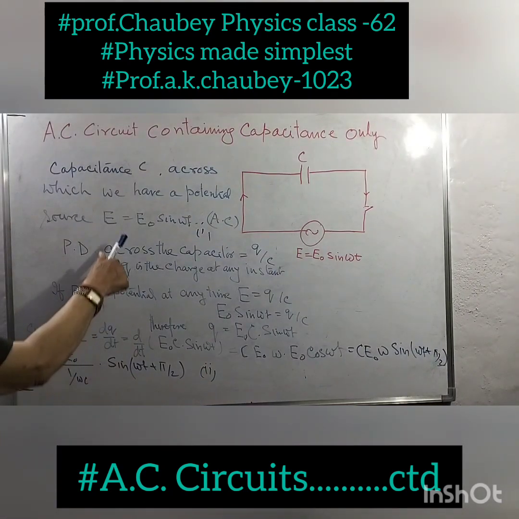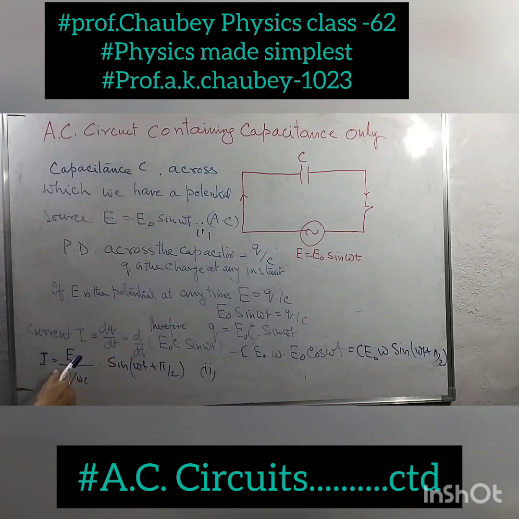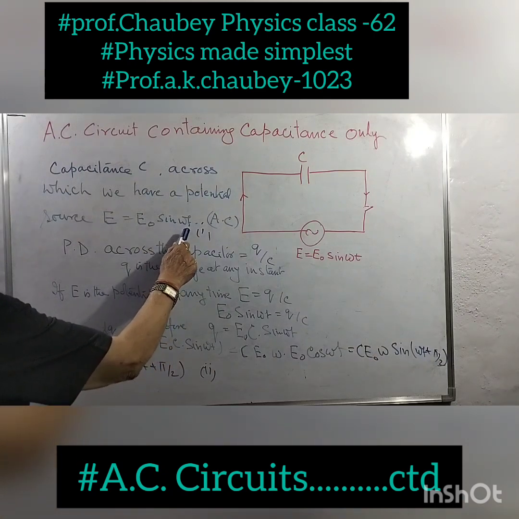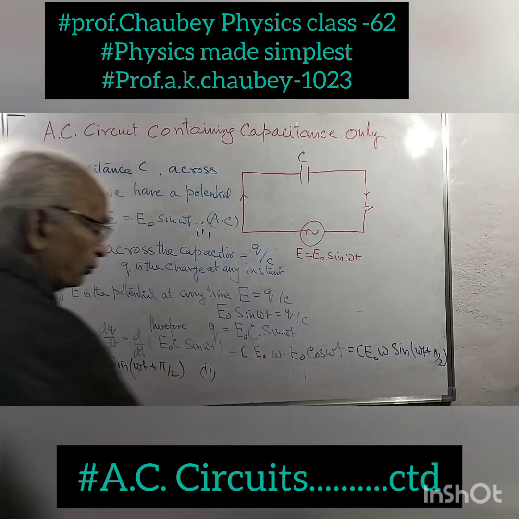This means that E is the potential applied, and I is the current in the circuit given by E naught over 1 over omega C, sin of omega t plus pi by 2. Here sin omega t, here sin omega t plus pi by 2. So there is a phase difference of pi by 2.